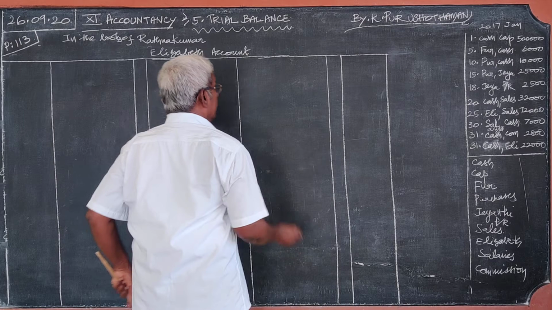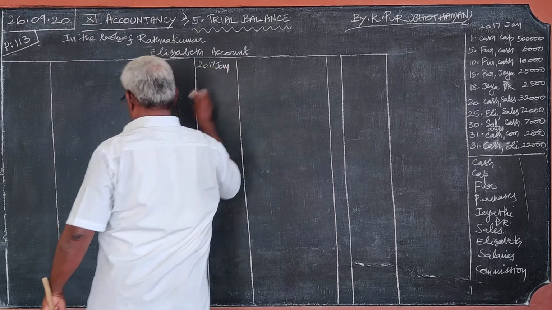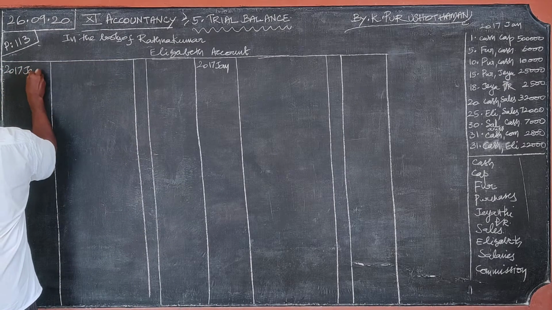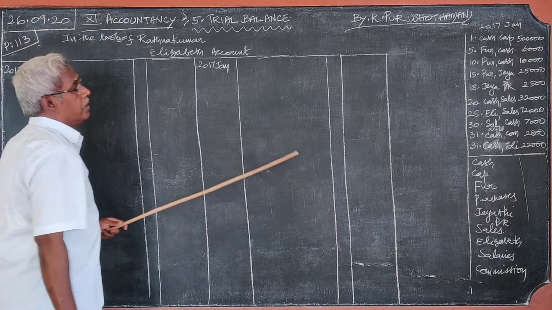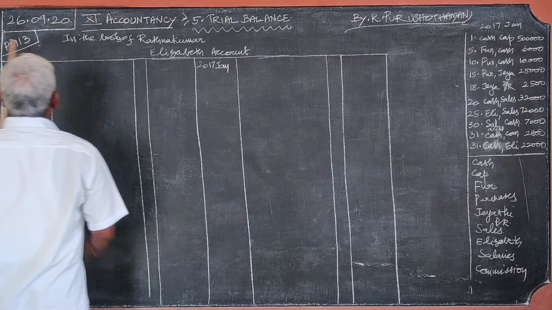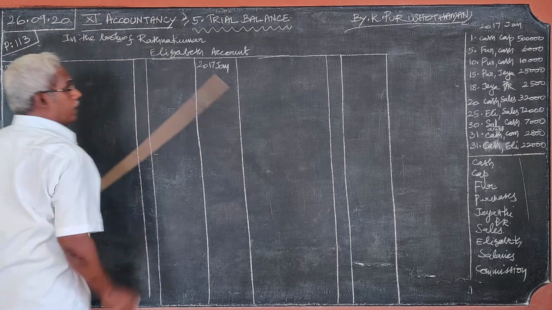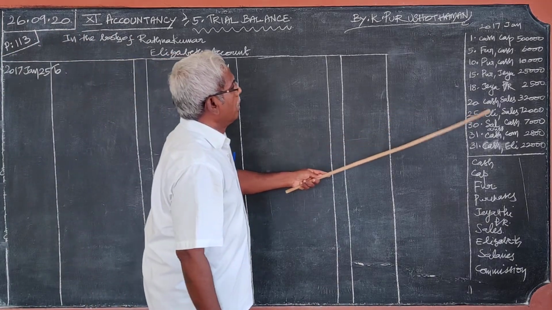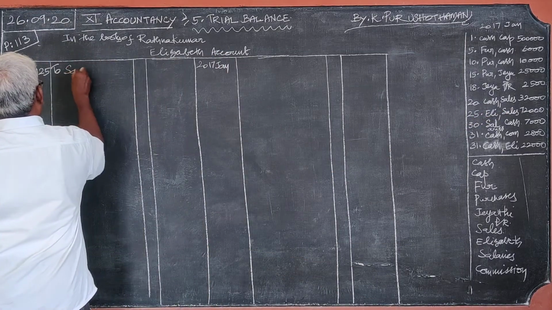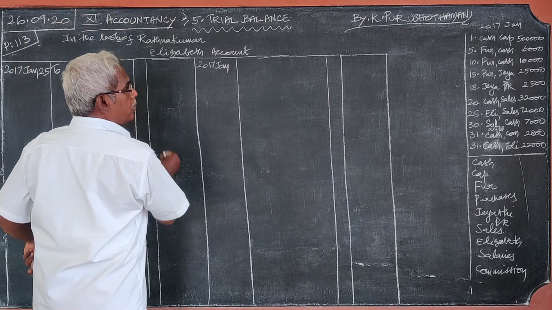On 25th, 2017 January, right? On 25th, Elizabeth appears on the credits. So, on 25th, I mean debit. To Elizabeth appears on the debit. What is coming along with Elizabeth? Sales. So, to sales account. The amount is 72,000.